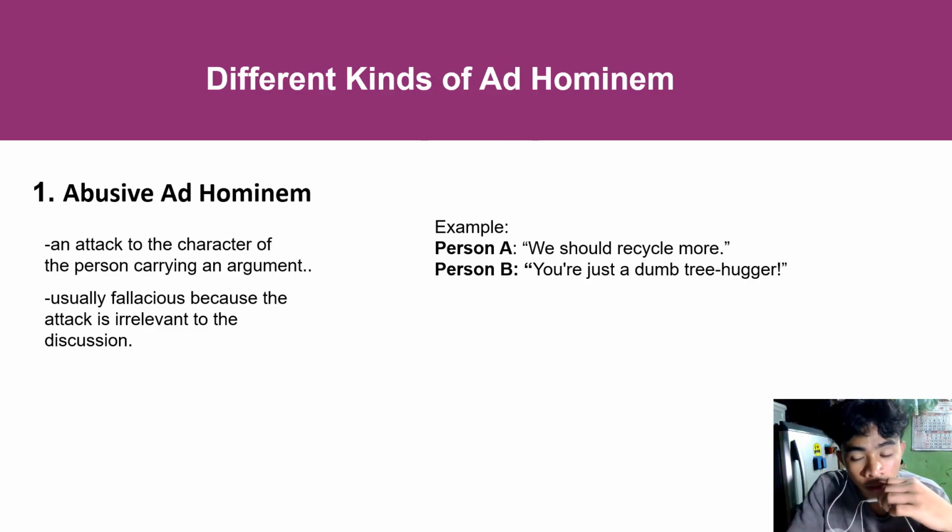So let us define what is abusive ad hominem. It is a type of informal logical fallacy where someone attacks the person making an argument rather than the argument itself, often using insults, character attacks, or irrelevant personal traits to discredit the person and, by extension, their viewpoint.